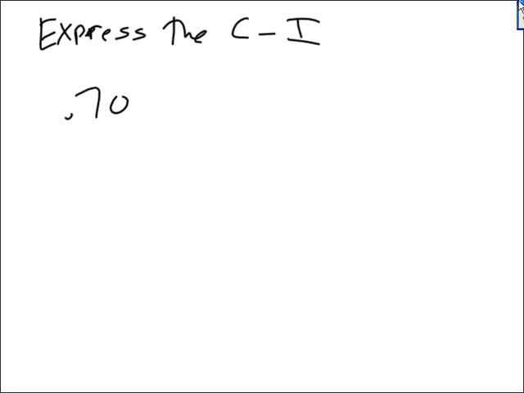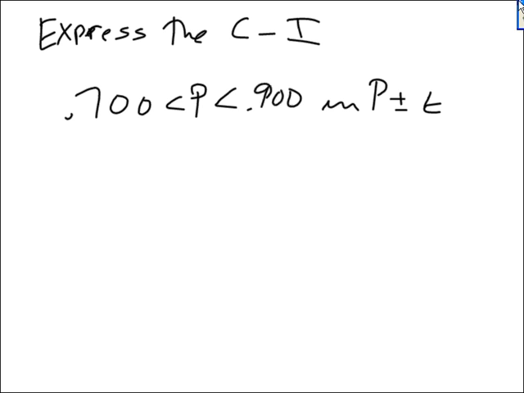Suppose you were asked to express the confidence interval, say 0.700 is less than p is less than 0.900, in p hat plus or minus E form.